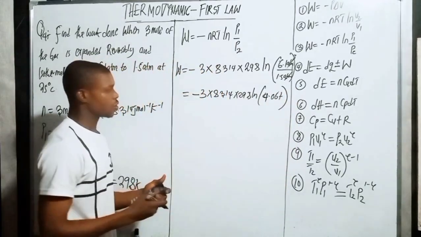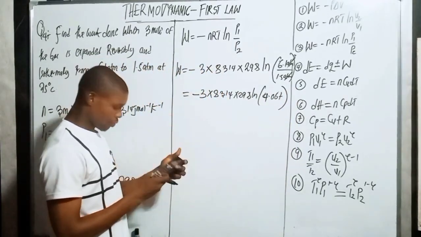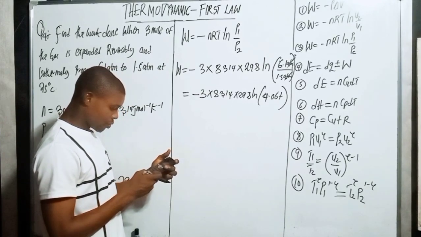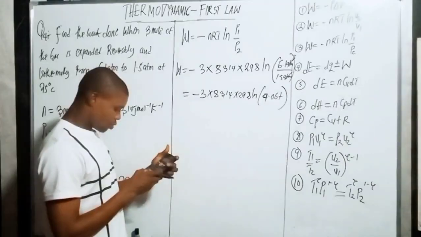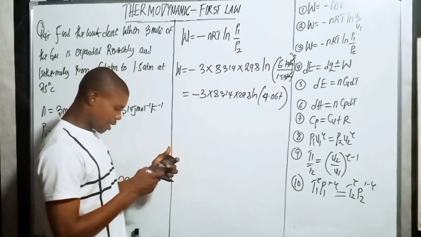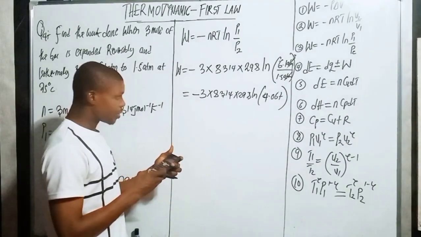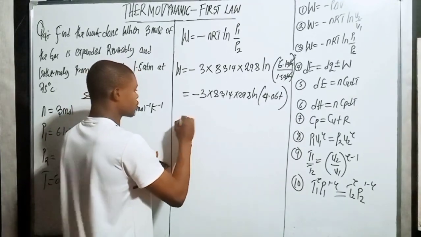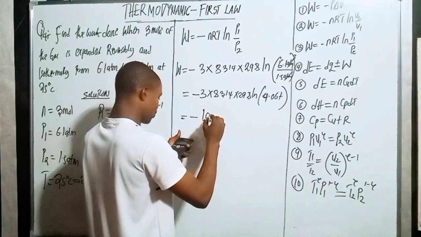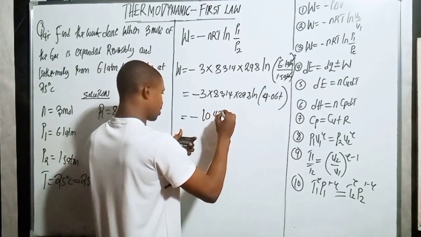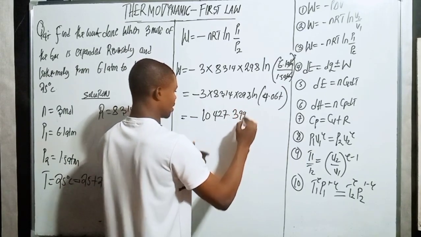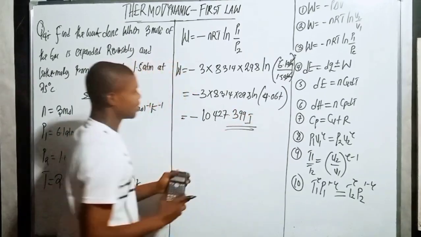So what you want to do here is minus 3 times 8.314 times 298 times ln 4.067. So you have equals to minus 1042 7.399 joules. That is the answer.